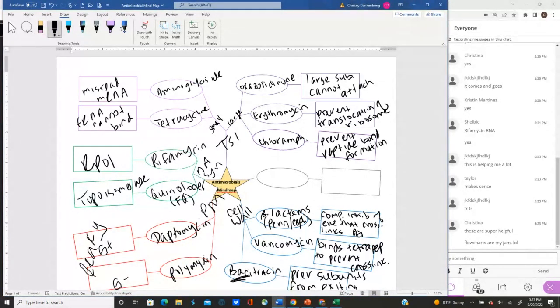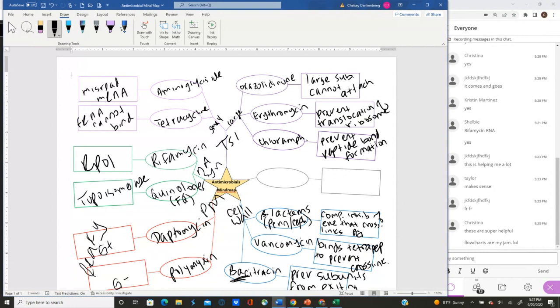All right. So tetracycline and aminoglycosides, they both are going to target the small subunit. Tetracycline binds the small subunit in such a way that incoming transfer RNAs can't bind. Now that's a problem because transfer RNAs are what deliver the amino acids.